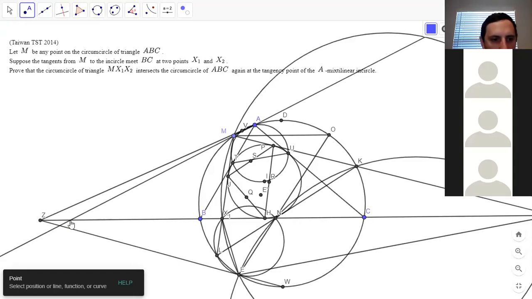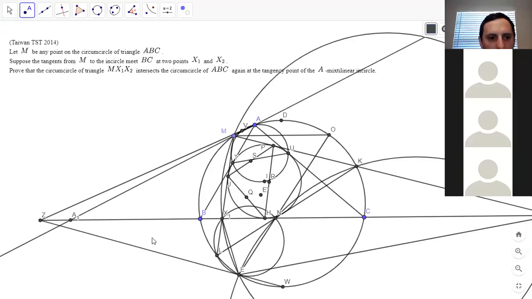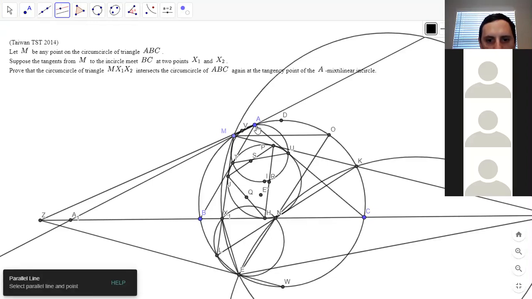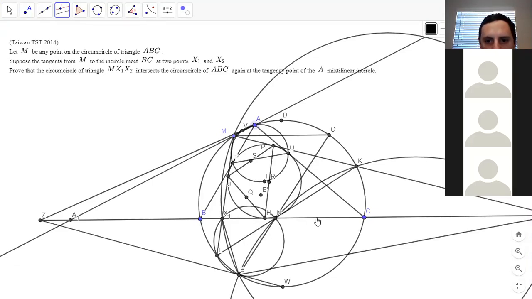Okay. And we will have, let the parallel line from A to BC intersect this circumscribed circle ABC again.